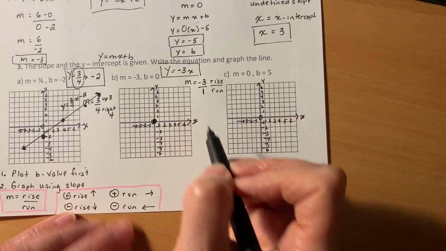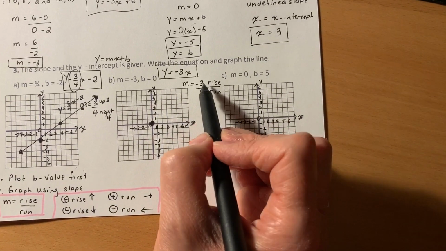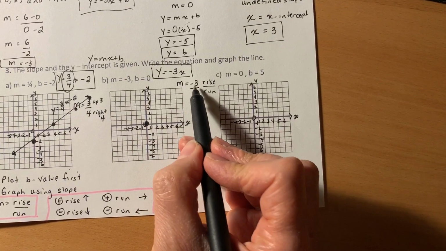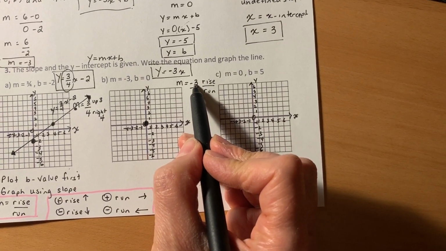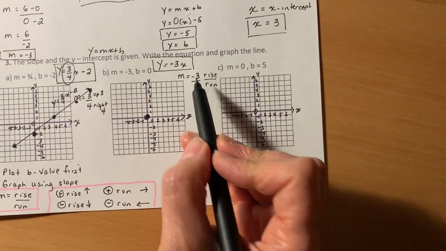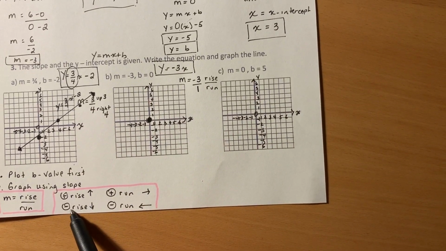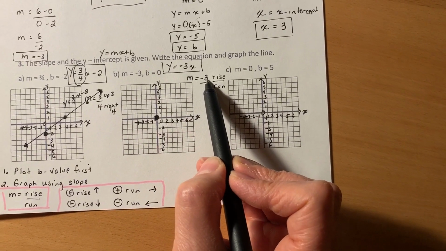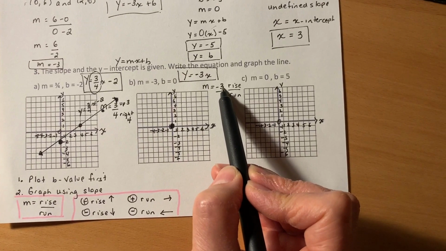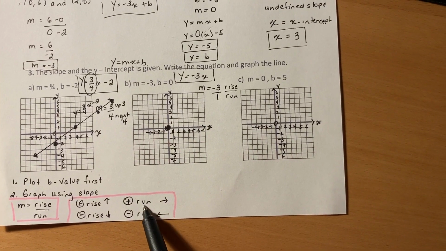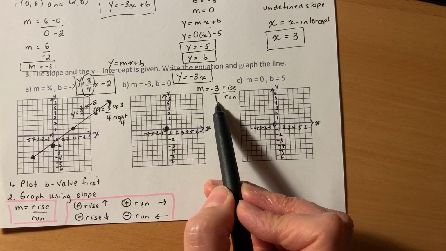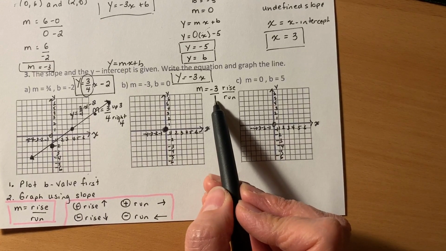Every whole number has 1 as the denominator. Let's look at the rise. Rise is negative. So that negative tells me I'm going to go down. How many am I going to go down? I'm going to go down 3 because it's 3. The run is positive. That tells me I'm going to go to the right. How many times? Once.